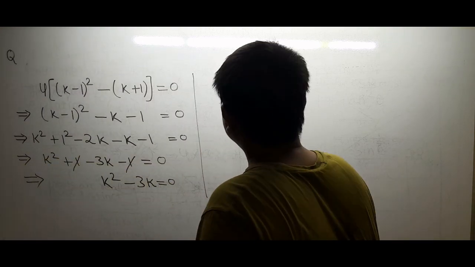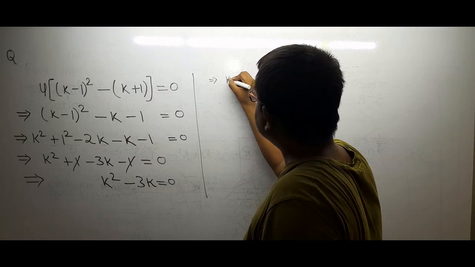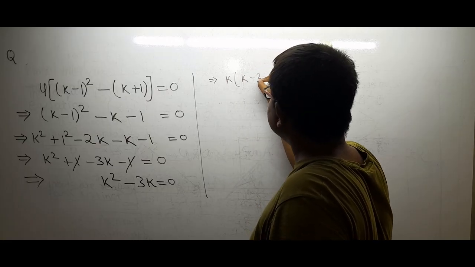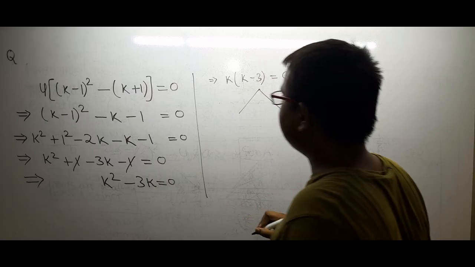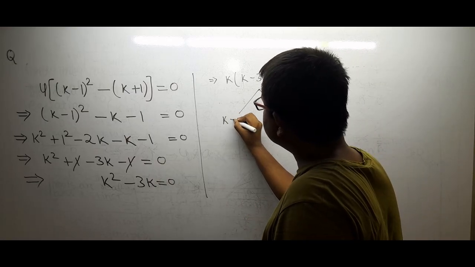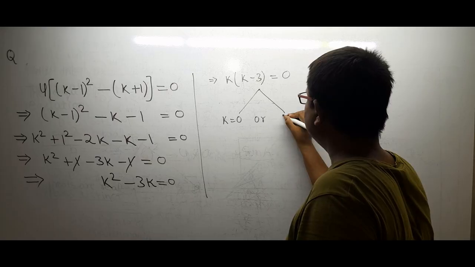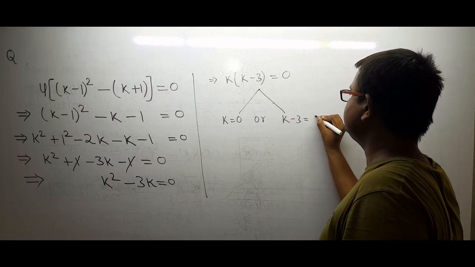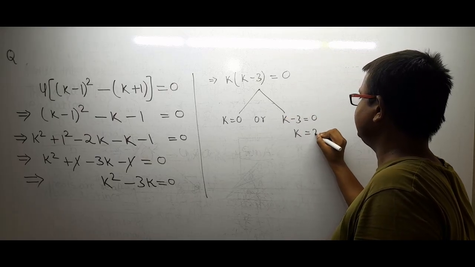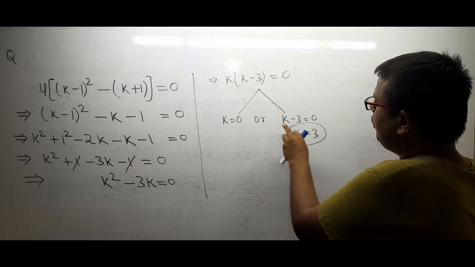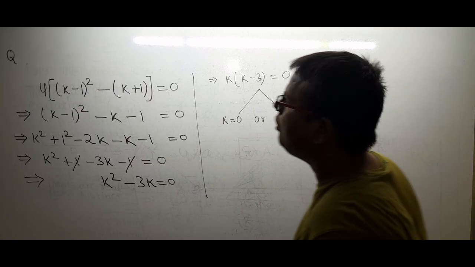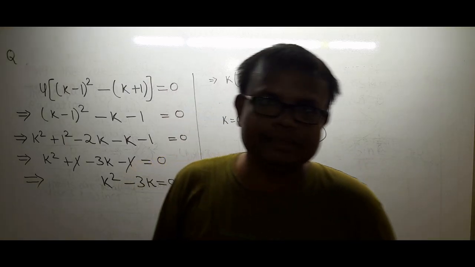When you simplify this, it will be k(k − 3) = 0. So two cases will be here: k is equal to 0 or k − 3 is equal to 0, so k is equal to 3. Whether k is equal to 0 or k − 3 is equal to 0, the product will be 0.